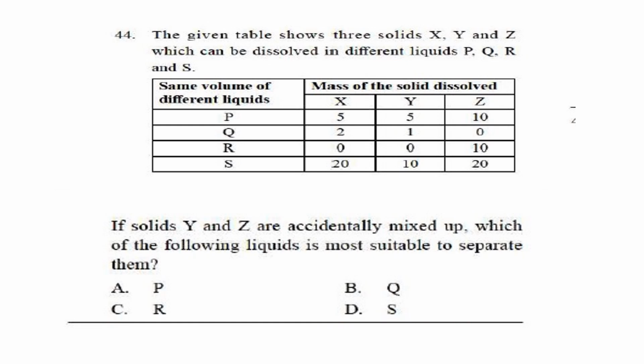Looking at this table, we can see that in liquid R, Z does not dissolve and Y dissolves completely. That means if we take the liquid R, we can separate them. So answer is option C.